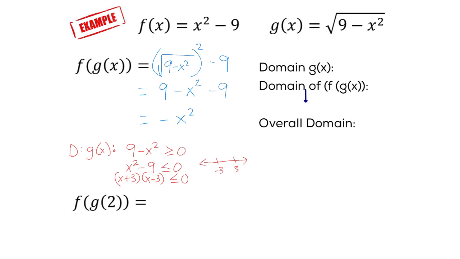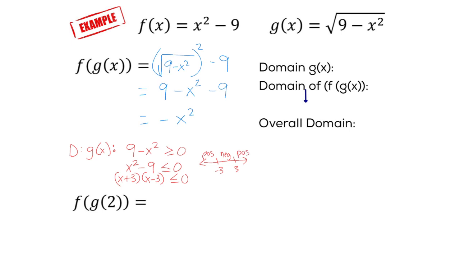And a negative times a negative is a positive. Now I'm going to pick a point in here, put 0 in. When I put 0 here, this is positive, but this is negative. And a positive times a negative is a negative. When I put a 4 in, positive, positive, positive times positive is positive.